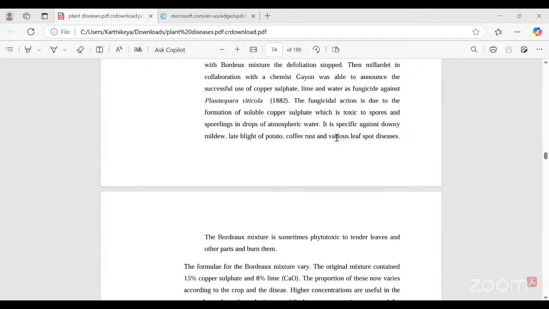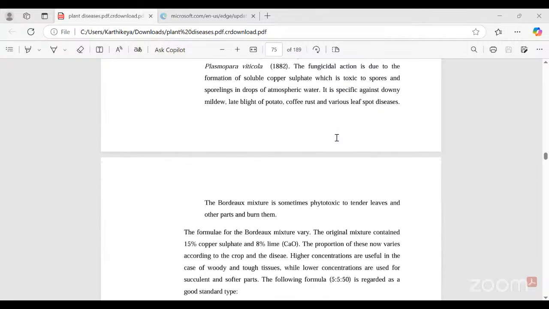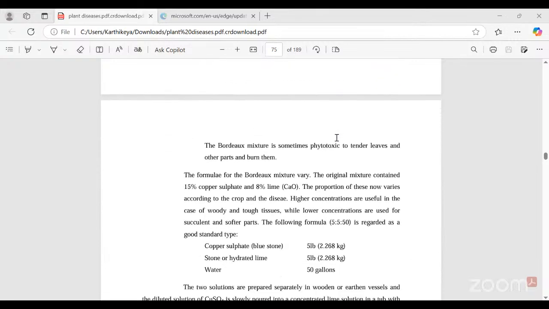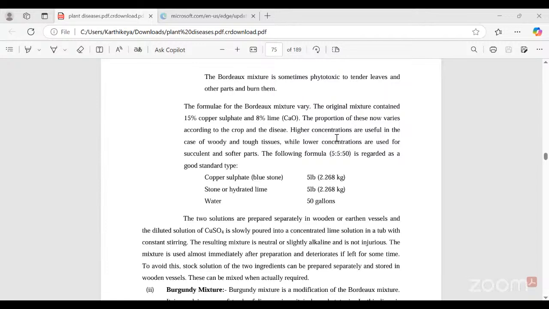The fungicidal action is due to the formation of soluble copper sulfate, which is toxic to spores sporulating in drops of atmospheric water. It is specific against downy mildew, late blight of potato, coffee rust, and various leaf spot diseases. The Bordeaux mixture is sometimes phytotoxic to tender leaves and other parts and burns them.